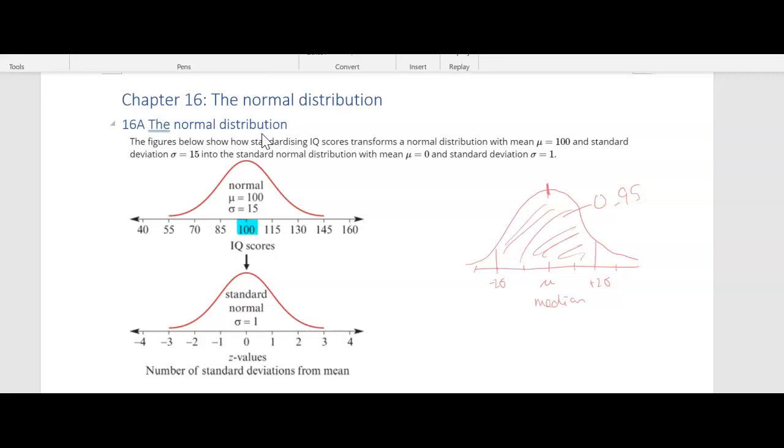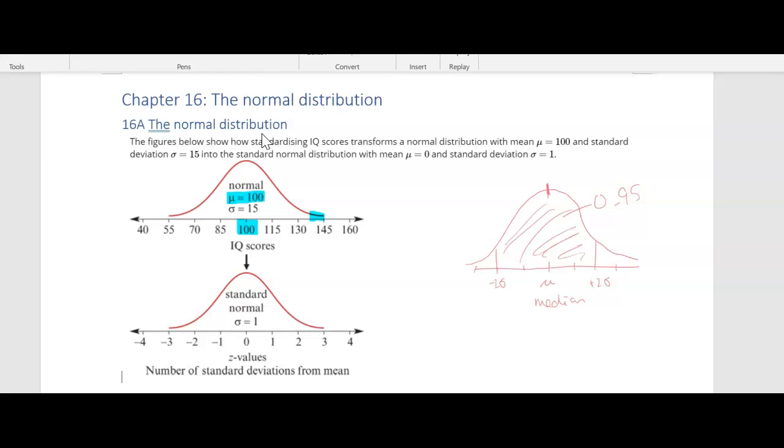You're either above or below 100, or you could be a 100. And they say people who are geniuses are around, I think, above 140. So there's not many people in this little portion here. It's very rare for someone to be a genius. So we say the mean is 100, so the average person has an IQ of 100.